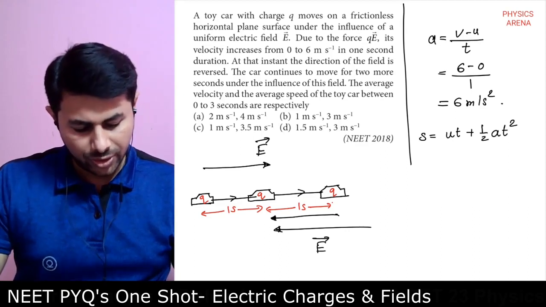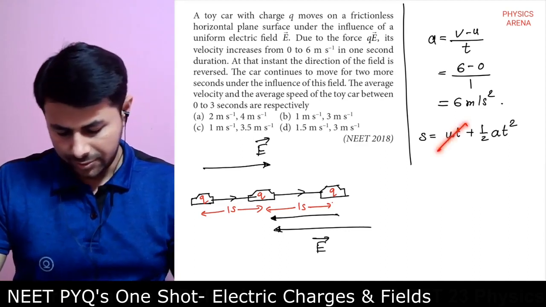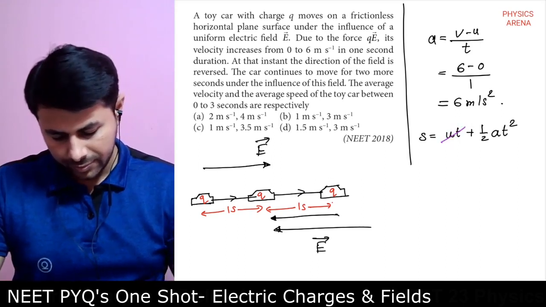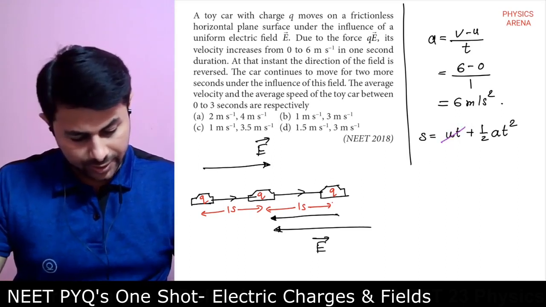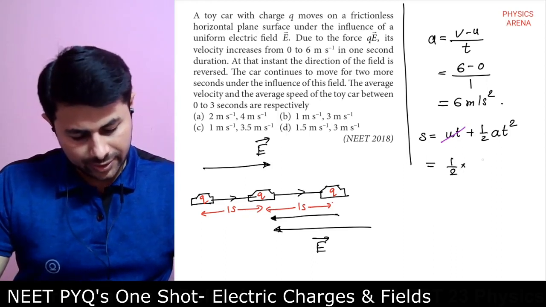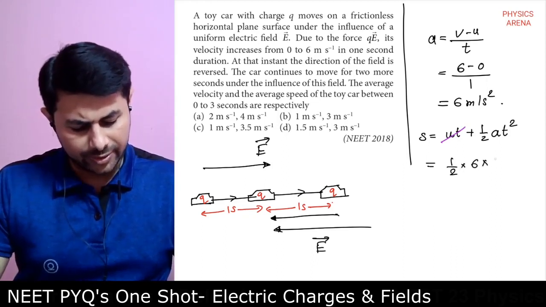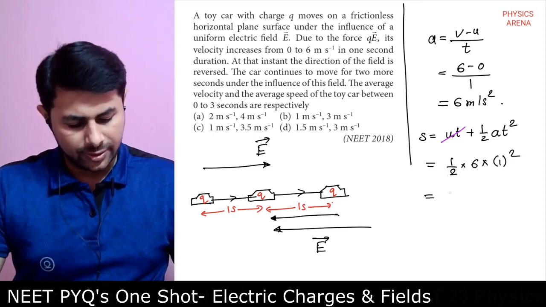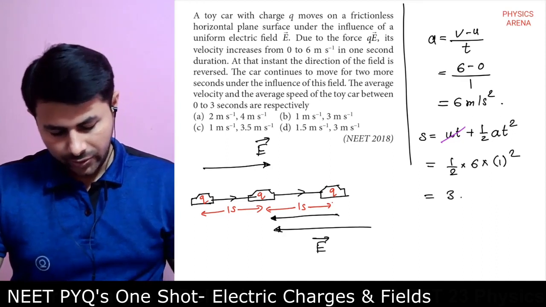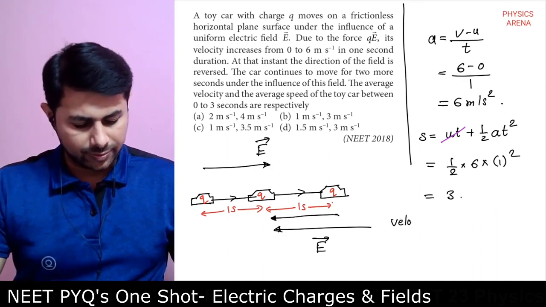It starts with 0 velocity, so this term is 0, and this is equal to half of a, acceleration is 6, multiplied by t square, t is 1, so it is 3.